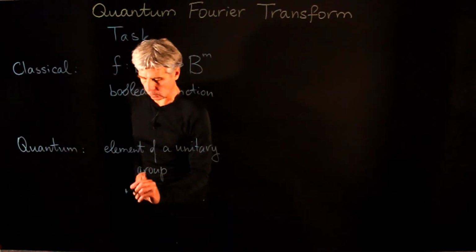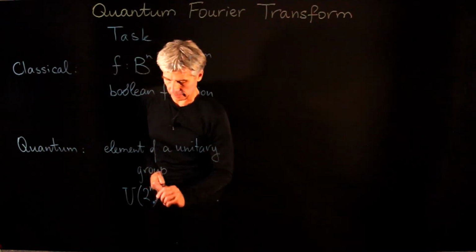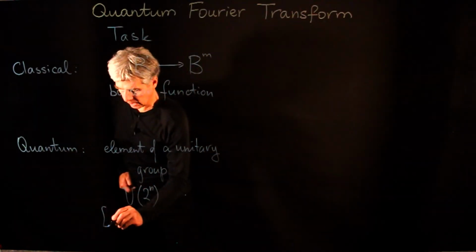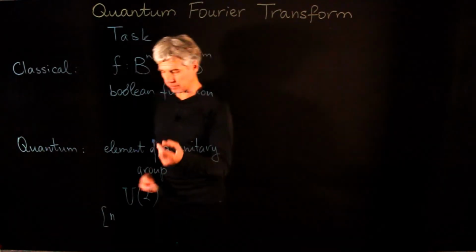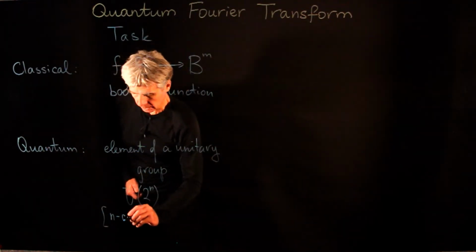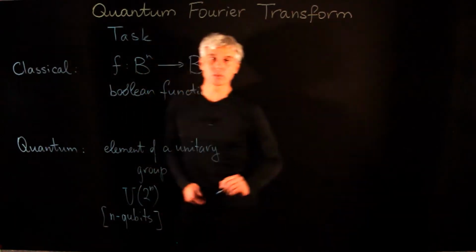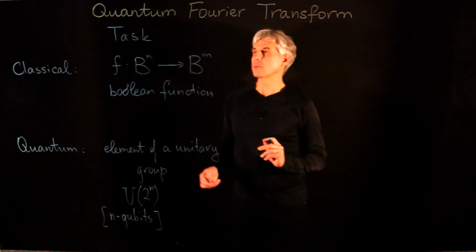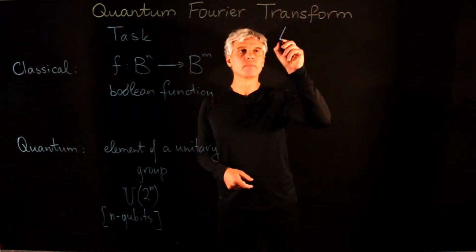And this unitary group is U of dimension 2 to the power n. So this is the case when we have a task that involves n qubits. Then we distinguish between the task and the algorithm.